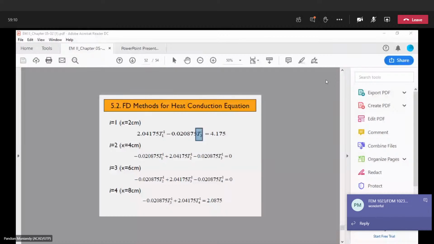Yes. This is T11. You have to do the calculation, class, for the next assignment. 2.04503. Okay.